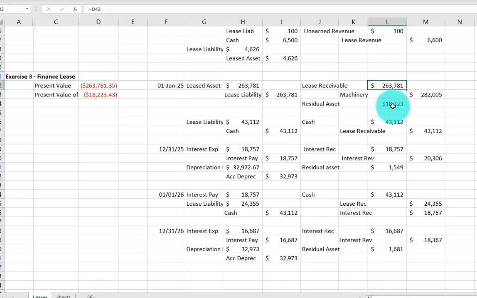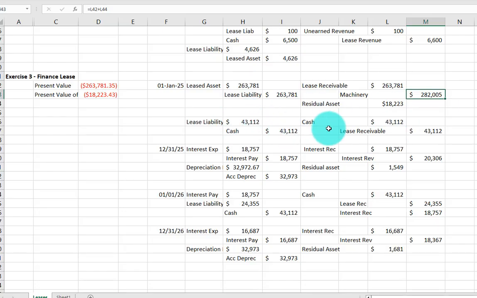But we also plan on getting back the asset that we think will be worth $35,000, but that's right now $18,223. That together adds up to $282,005, which rounded is a little different than the $282,000 that we thought was the value given in the problem, but close enough to say we're not making any profit on this. We're just leasing. We're just acting as the financer.